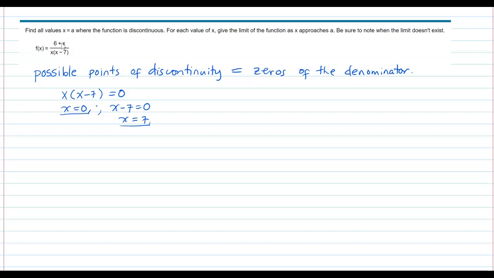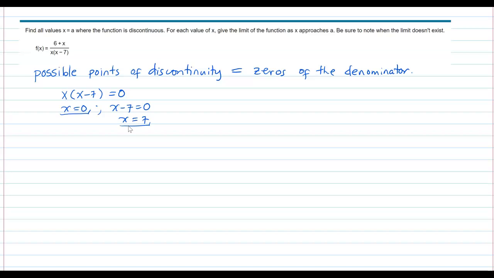The limit exists at that point if the numerator is also 0. But if you plug it into the numerator and you get a constant, that means that the limit does not exist. So you have an asymptote at those points.